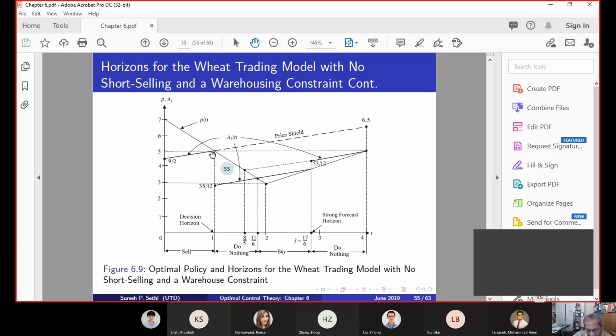And then what happens is that I need to find out that I need to buy because the price is going up. I need to buy, but I cannot buy more than 1 unit. So I need a line of slope of half, because lambda dot is half, because y is positive, so there's no absolute value of y. It's always half. There's no signum function here.